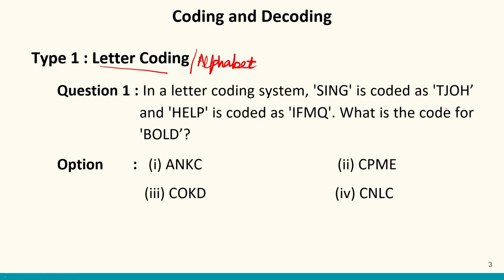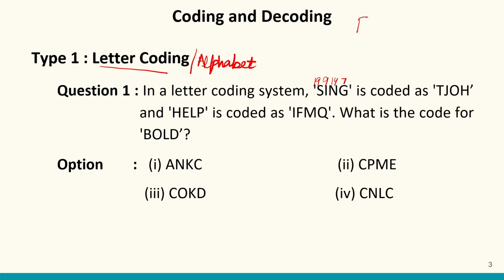If SING is coded as TJOH, HELP is coded as this. So we have to find the code for BOLD. So simply we will write the ranks of these letters. S is ranked at 19, I is ranked at 9, N is ranked at 14, and G is ranked at 7. So we already know the forward ranks by now.